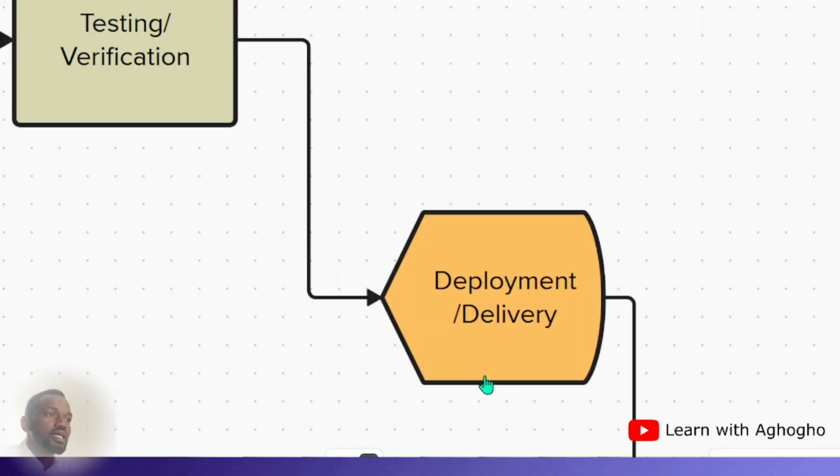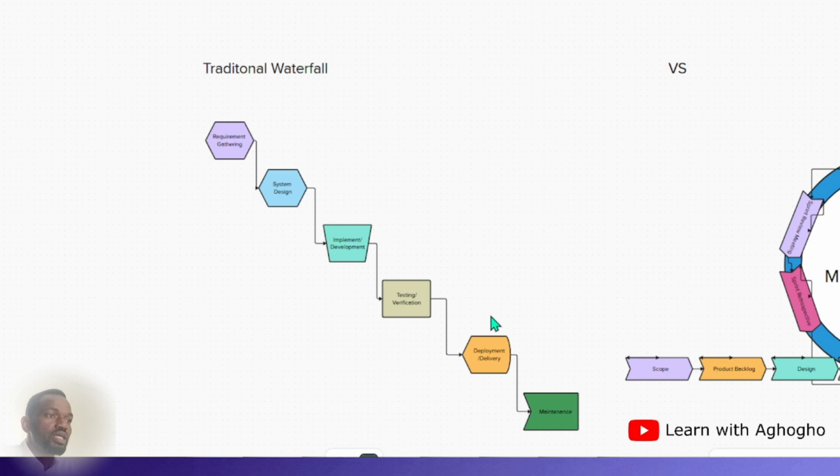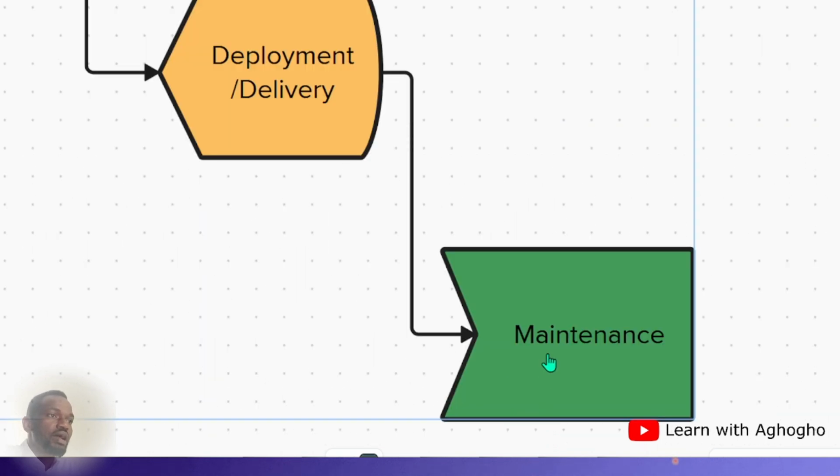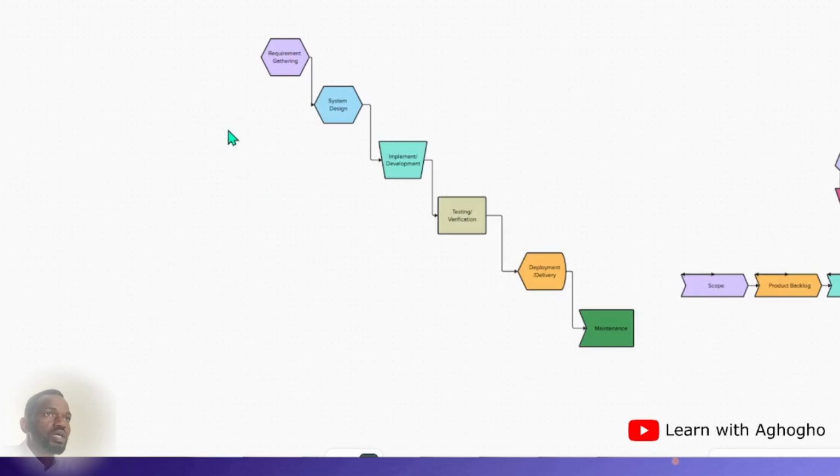Then deployment and delivery of that code, that is the full software itself. Then where there are needs for new versions and maintenance to be done, these are done in the maintenance section. That is the traditional waterfall approach, like water falling from a mountaintop, where it comes in levels.